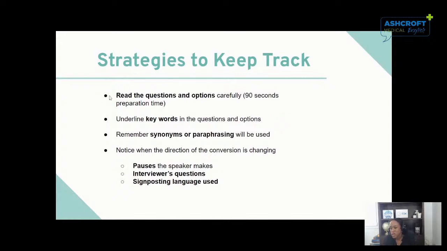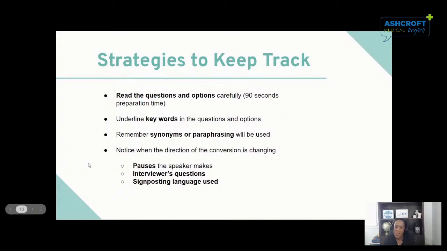So you're going to use your 90 seconds to read the questions and options. You're then going to be underlining or highlighting keywords in the questions and options that will help you focus your attention on what you're hearing, whilst remembering that you may not hear that exact keyword. You might hear a synonym or you might hear paraphrasing.